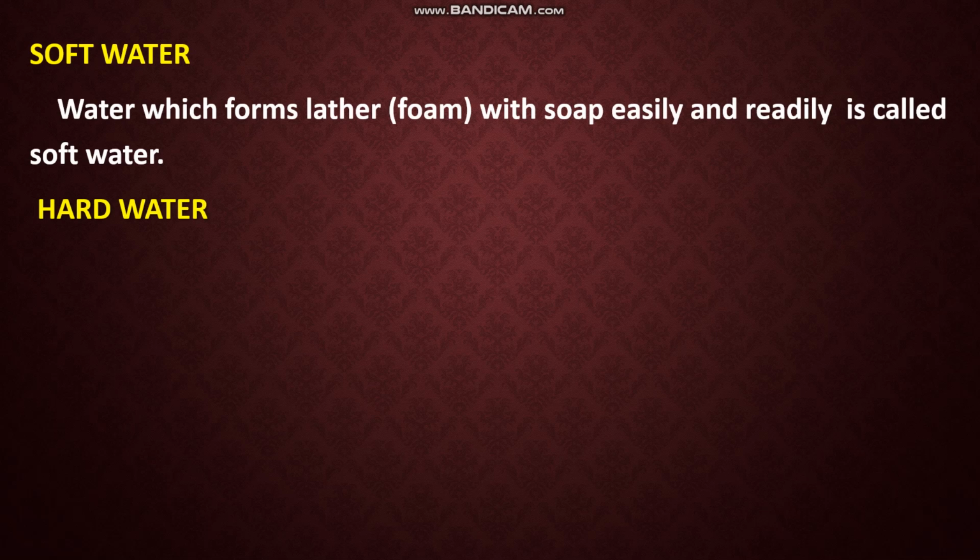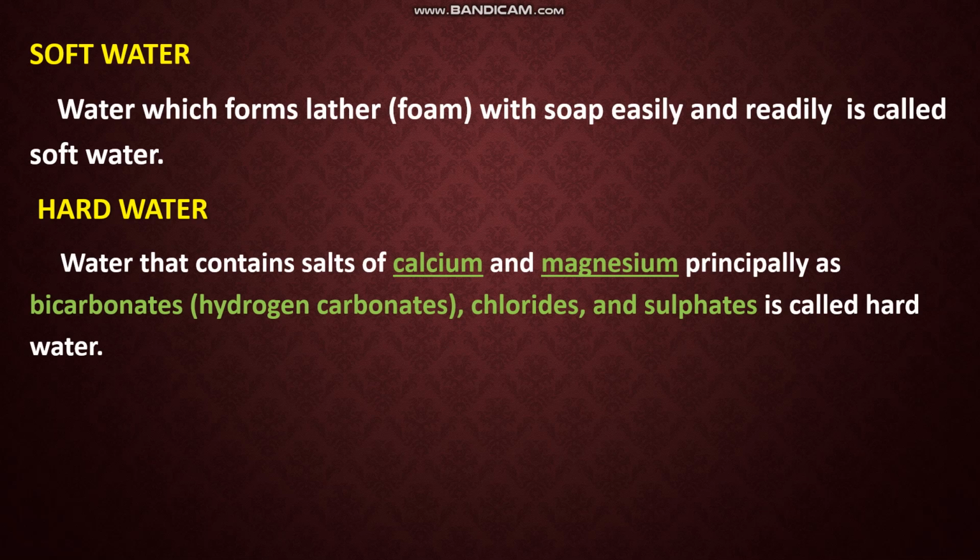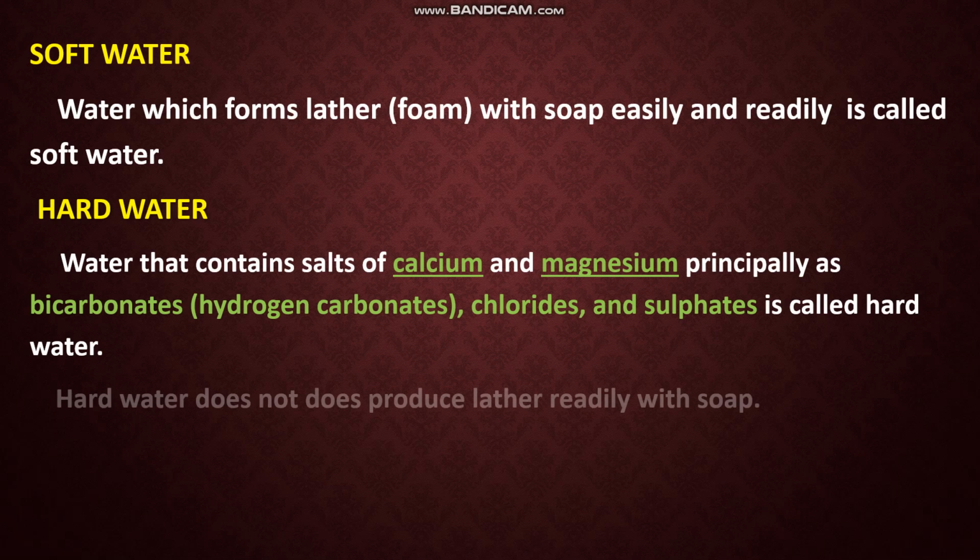What is hard water? Water that contains salts of calcium and magnesium, principally as bicarbonates, also called hydrogen carbonates, chlorides and sulfates is called hard water. Hard water does not produce lather readily with soap.